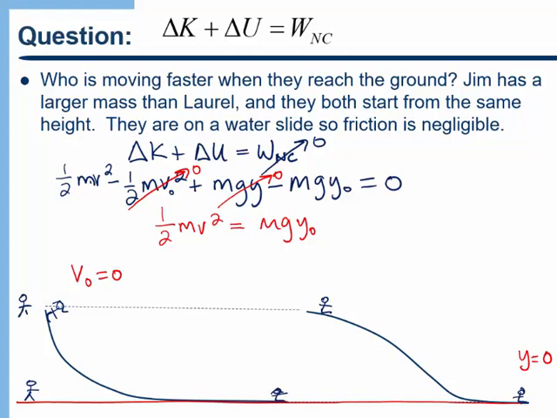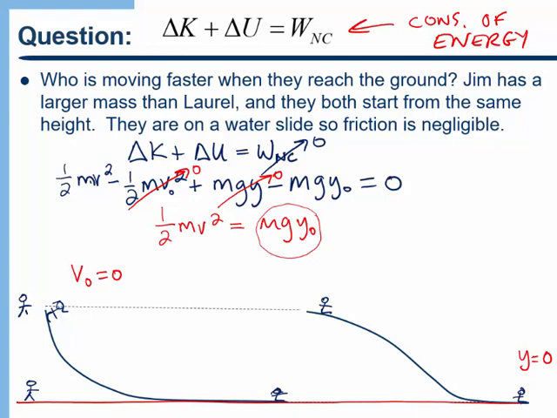Now, it's always good to pause when you get to this part of the problem and see that this makes sense. Remember that the work energy principle is just a statement of conservation of energy. So really all we're saying here is that all three of our people start with this amount of potential energy.